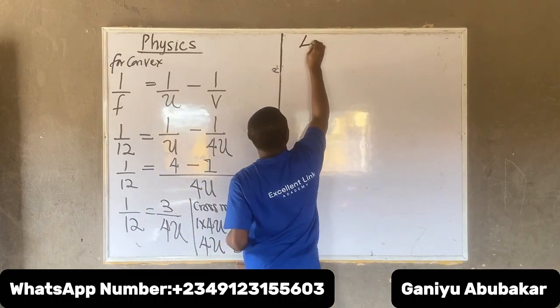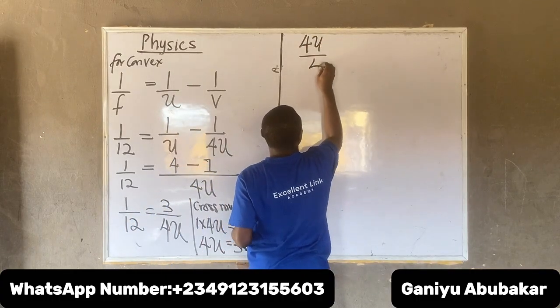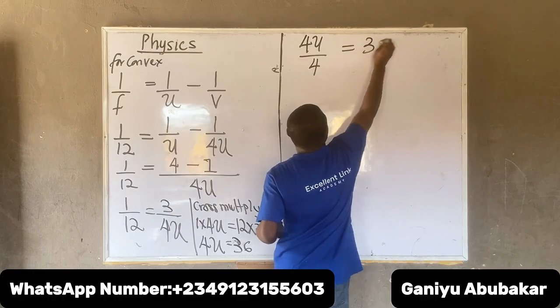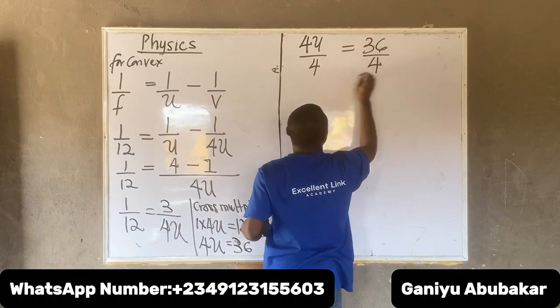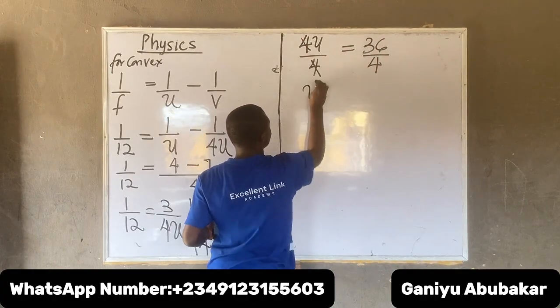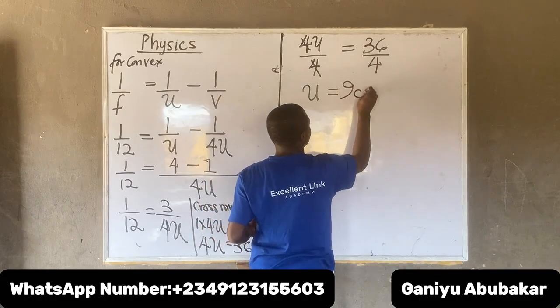So 4u over 4 is equal to 36 over 4. This 4 cancels this 4. U is equal to 9 cm.